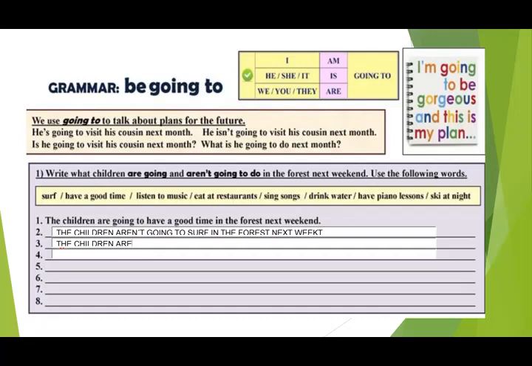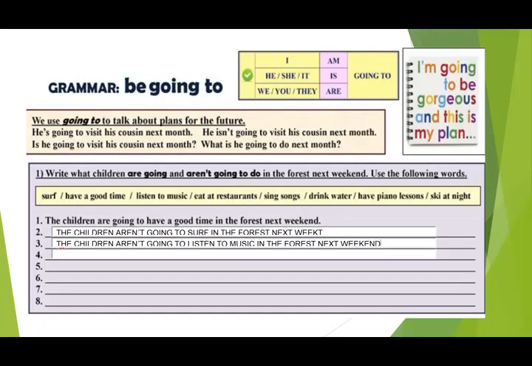Aren't, right? Aren't going to listen to music, right? In the forest next week. Okay? Next weekend in this case, right?